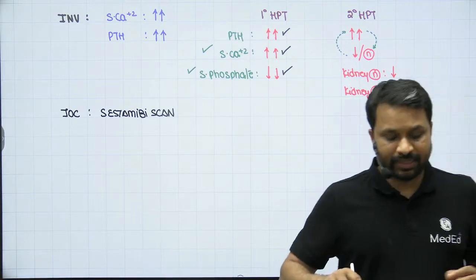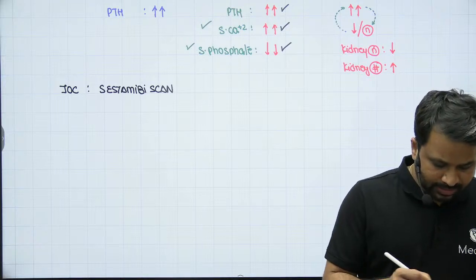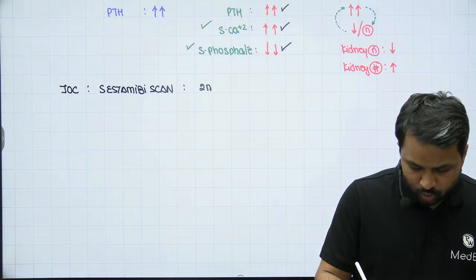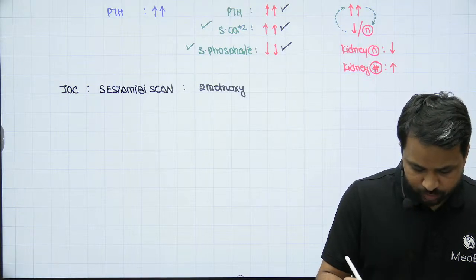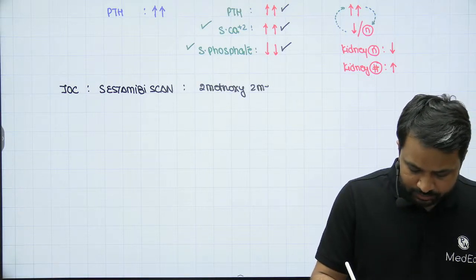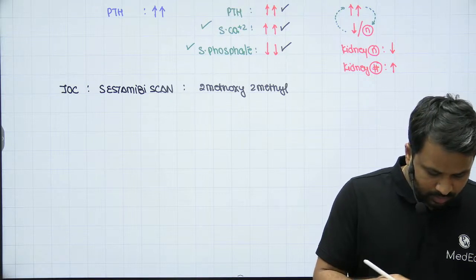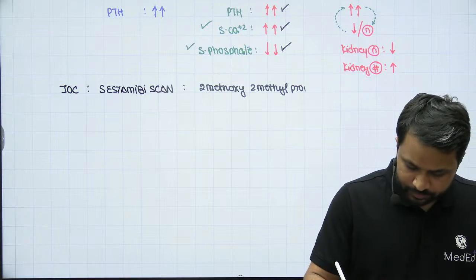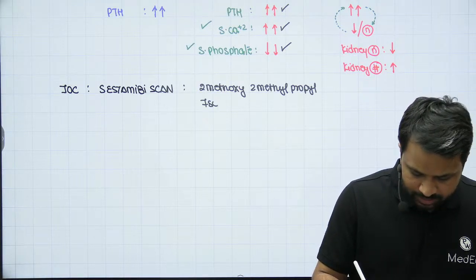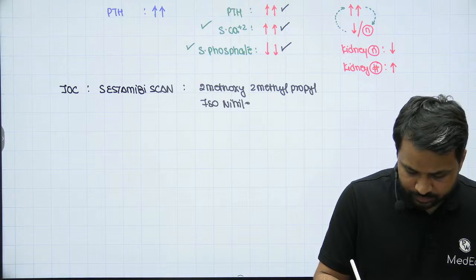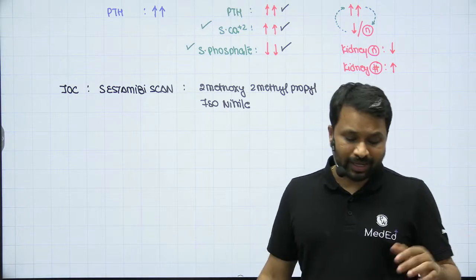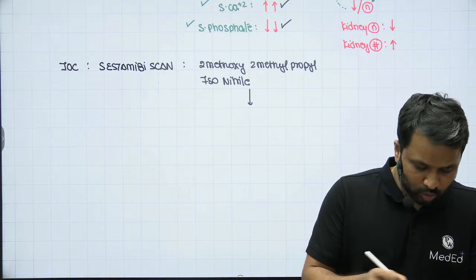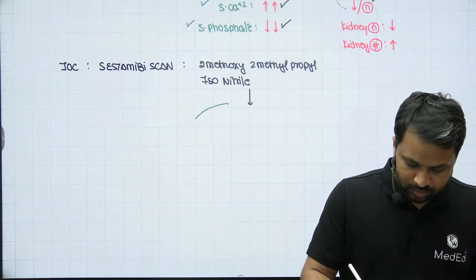Now, in a Sestamibi scan, what do we do? We are basically going to give a compound which is 2-methoxy, 2-methyl propyl isonitrile, right? What this compound does is it goes and sits in the mitochondria of the parathyroid cell.